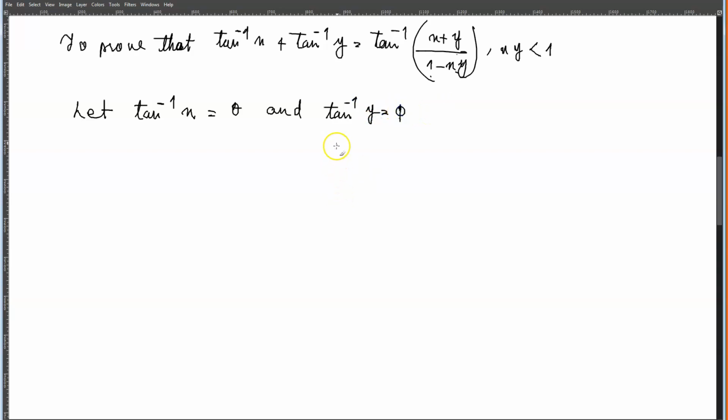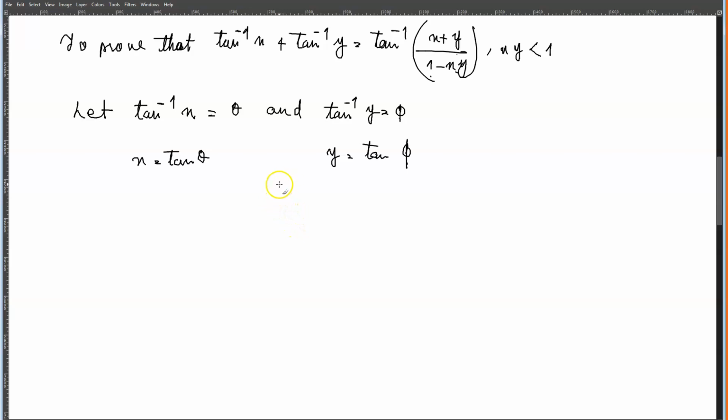Now, this first one means that x is equal to tan of theta, and the second one means that y is equal to tan of phi.